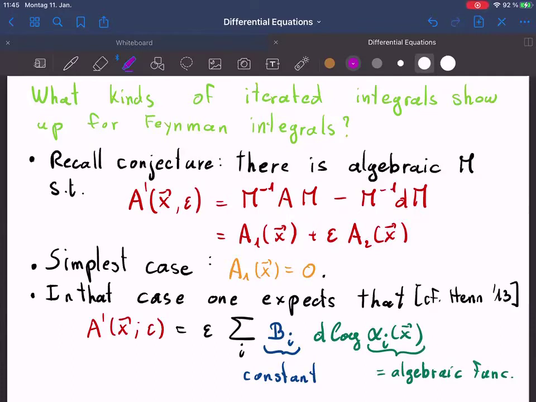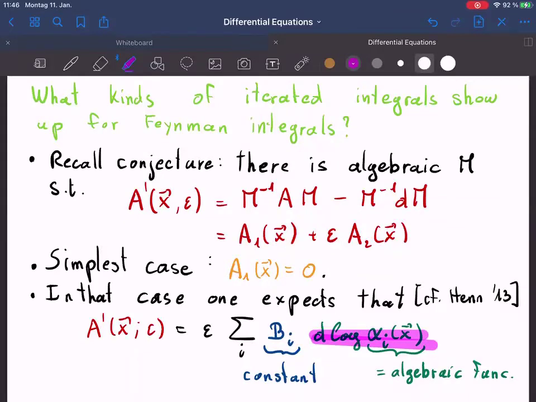You expect that the matrix A2 that is left over, or the new matrix A prime, is not just any function of x, but the differential forms that show up in there are logarithmic one forms. They all should take the form of d logs of some functions which are either rational or contain square roots, for example, algebraic functions. So that is the general structure you expect.